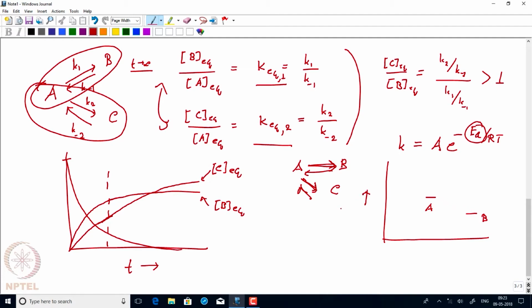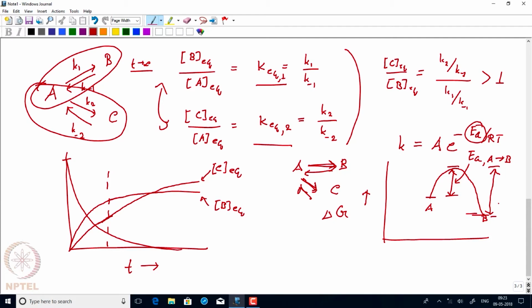By energy we always mean the Gibbs free energy for the reaction, and we say here that for A to B, there is an activation barrier, in the sense that you have to supply a certain amount of energy for the reaction to happen. In this case, this is the activation energy for A to B. Similarly, when B actually forms, it also has an activation energy, which is the activation energy for the reverse reaction.